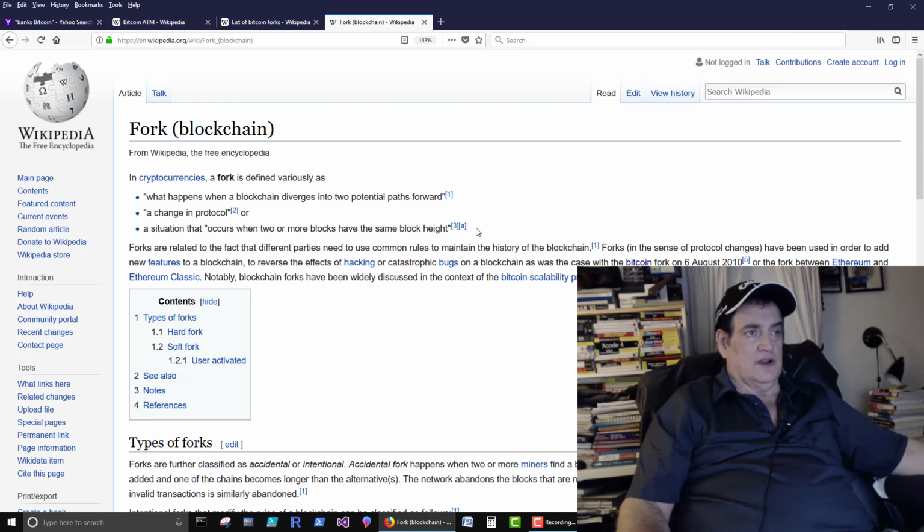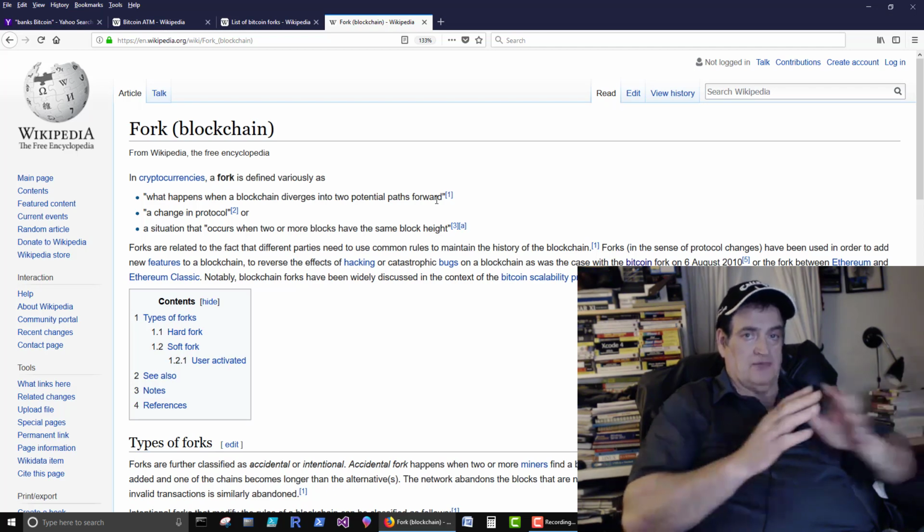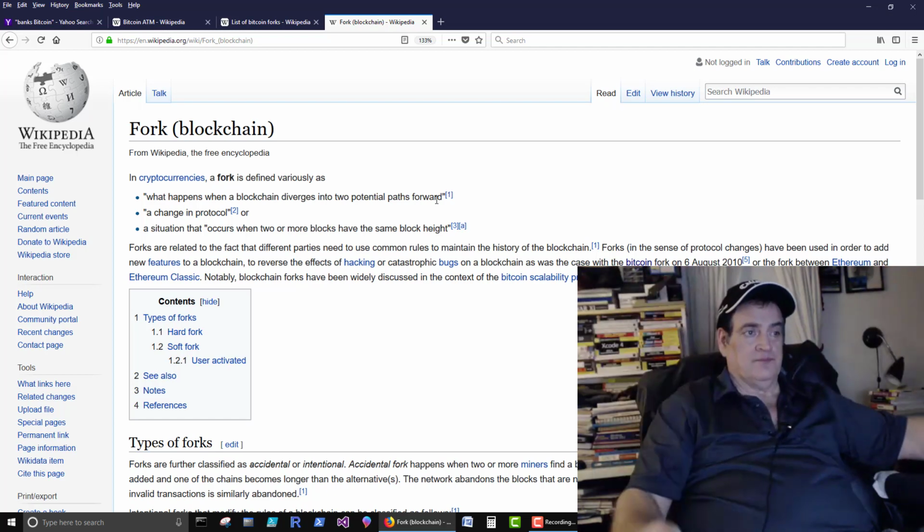Okay, so I don't want to go into great detail with this stuff. You know, these are high-level topics. But in general, what happens when a blockchain diverges into two potential paths? So what's a fork? Right? A fork, you know, a fork in the road.